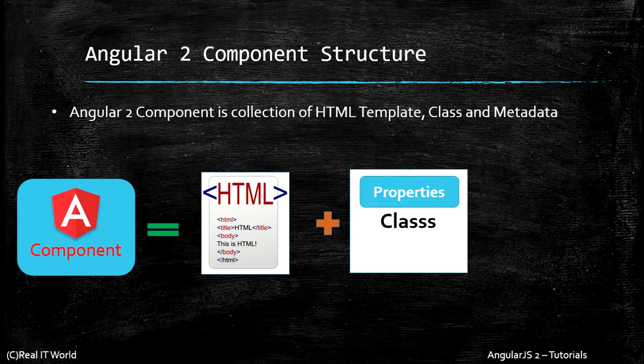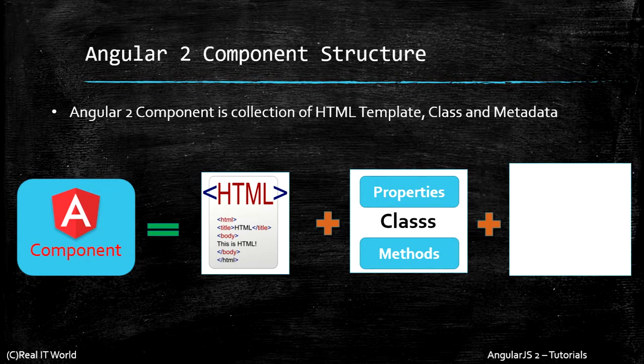So this class is going to hold the component's properties and the component's methods. We can use properties to bind the data to the HTML view. Then why do we need methods? We need methods to execute events, HTML events, actions. When we click on a button, we need to call some method. So for that purpose we use methods.